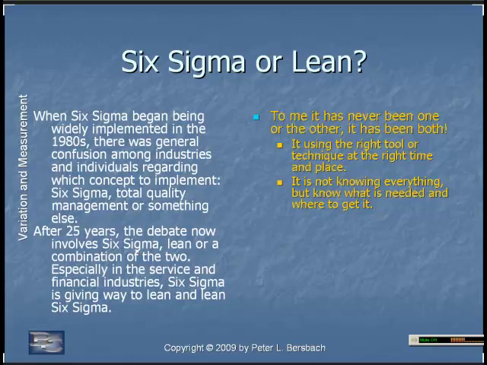It was always about using the right tool or technique at the right time and place, and knowing, not everything, but knowing where to go if you need to get it. So it always confused me that there was this argument about whether Six Sigma or Lean. And I understand where people come from, but from my perspective, it's always use the correct tool. It doesn't matter.